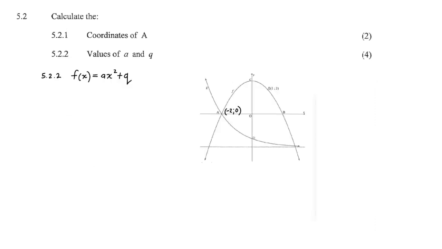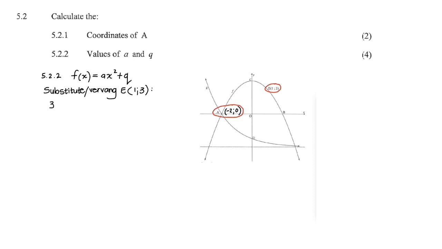Let's take a look at question 5.2.2 from the 2018 November paper. Calculate the values of a and q. For the quadratic function f(x) = ax² + q, we substitute the points E and A. Let's start with substituting point E with coordinates (1, 3).